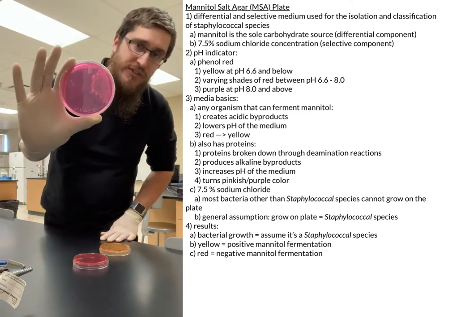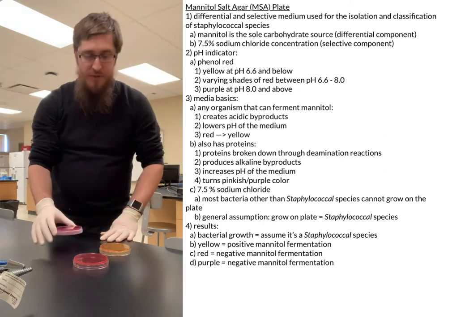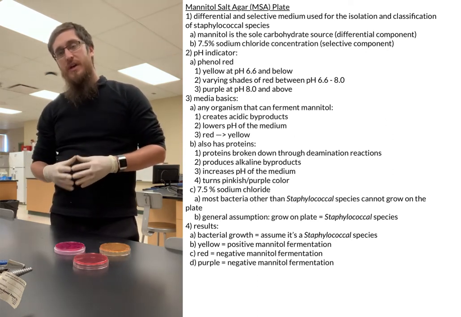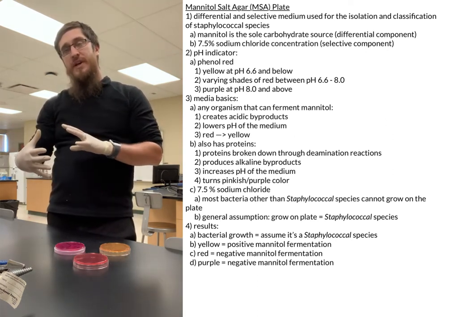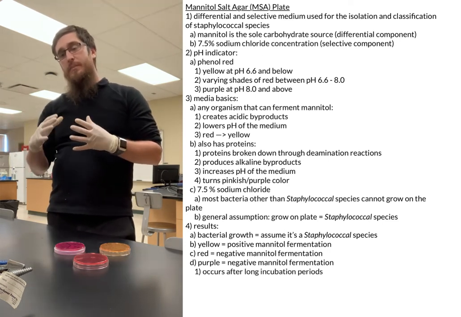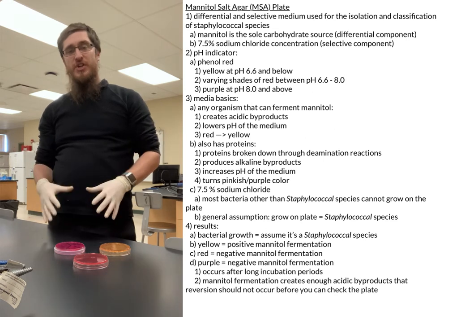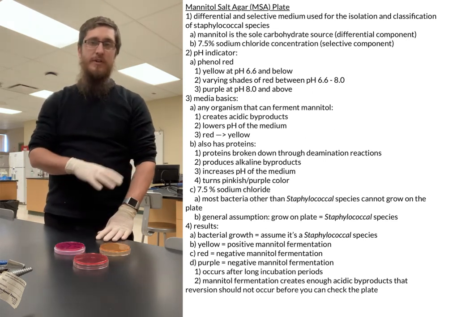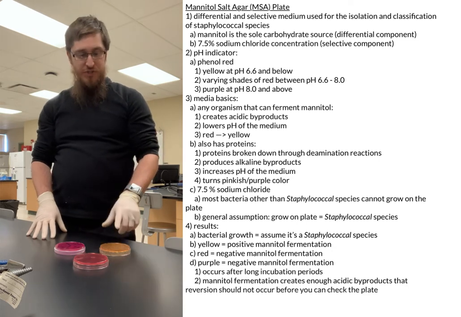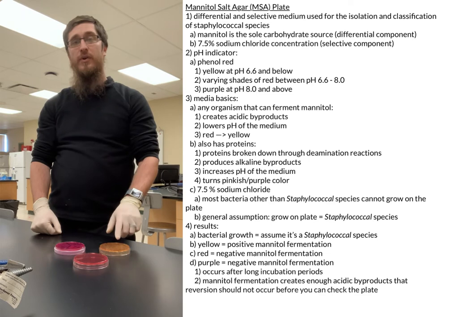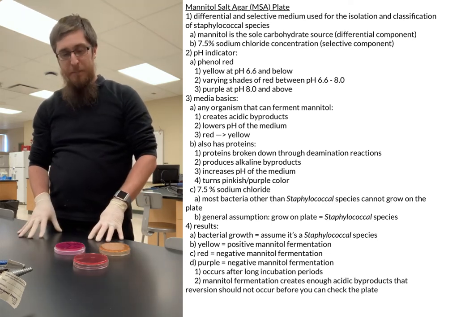And if your plate is kind of this purple color after incubation, that is also going to be a negative result for fermentation. So deamination reactions tend to occur after long incubation periods, but with the mannitol fermentation, normally if that does occur, it will create so many acidic byproducts that your plate should not change from the yellow color back to a purple color. It should stay yellow for a very, very long time.